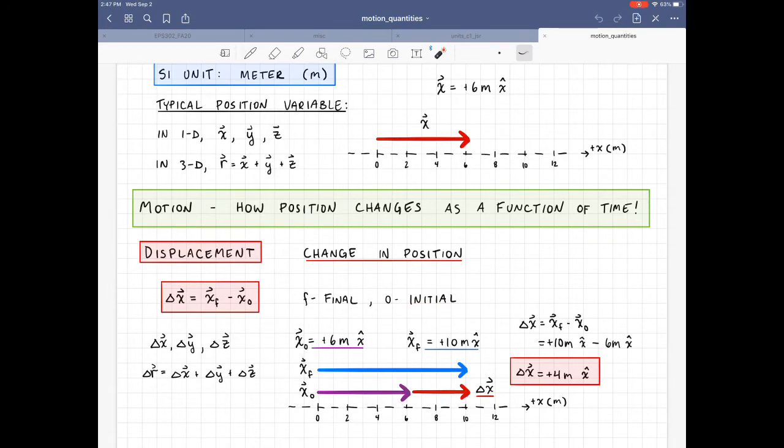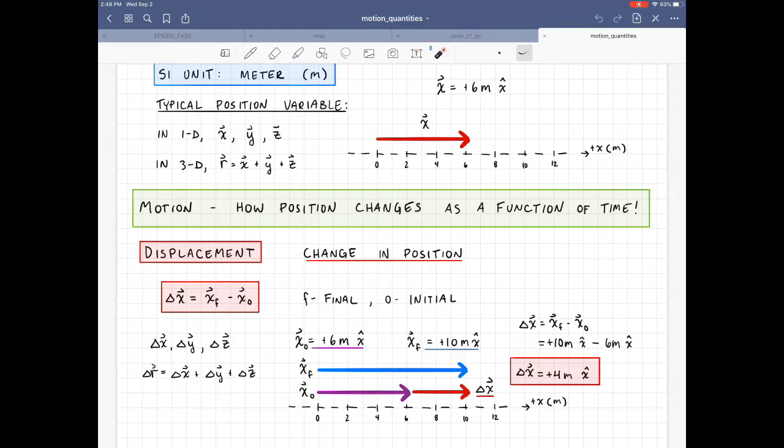And so the displacement is the change in the position, comparing the final position of an object to the initial position. And so in 1D, typically for horizontal displacements, you might have delta x. For vertical, you might have delta y, and for in and out of the page, perhaps, you might have delta z. And then the displacement in 3D is just the sum of each of those three displacements.